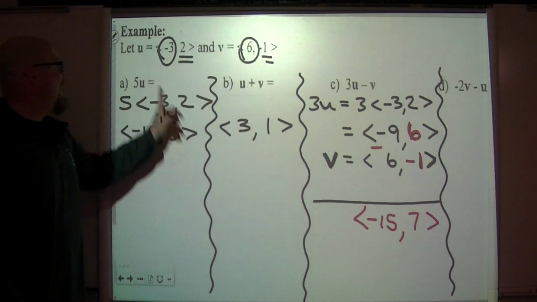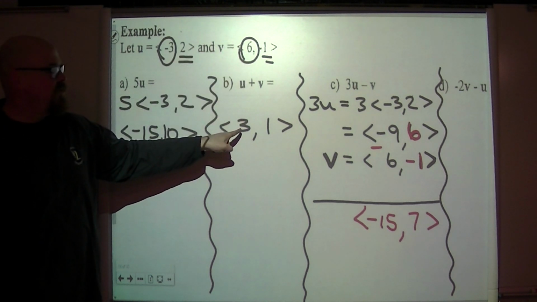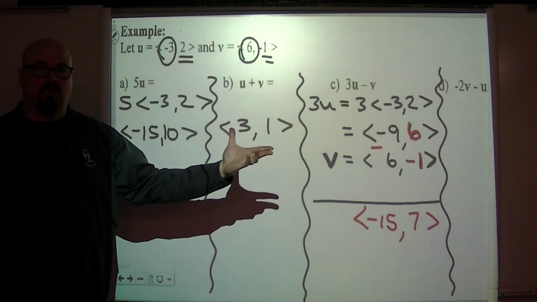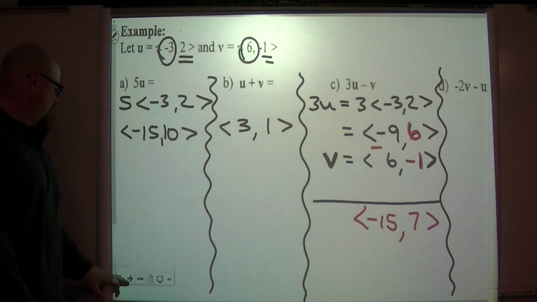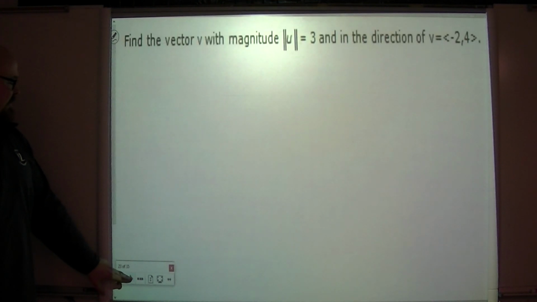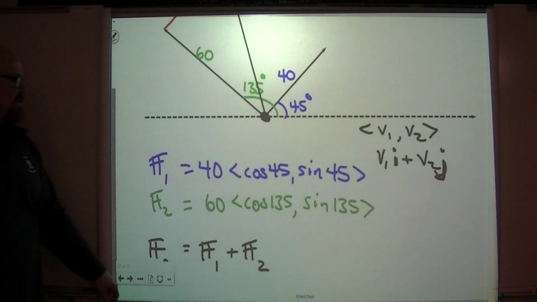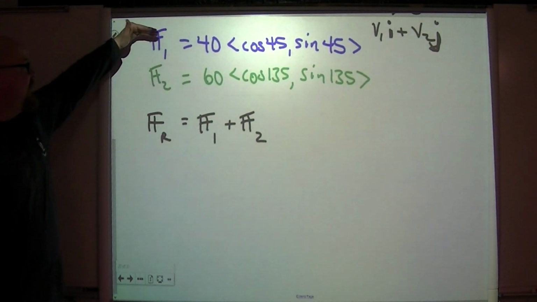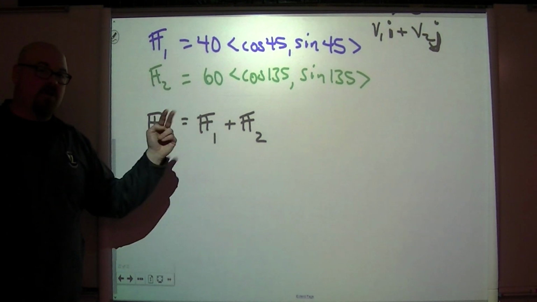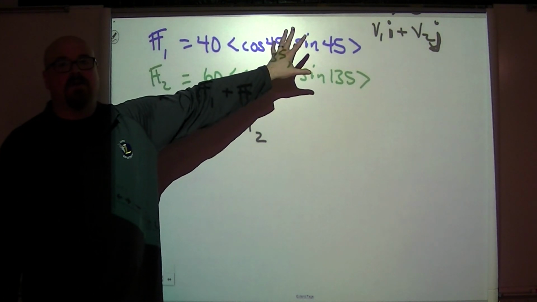So if I want to add u and v in this instance, -3 plus 6 is 3, 2 plus -1 is 1. Pretty much common sense. So the same thing applies, even though these types of problems look different. If I want to add this force vector and this force vector, I need to add their horizontal components and their vertical components. They just look different.